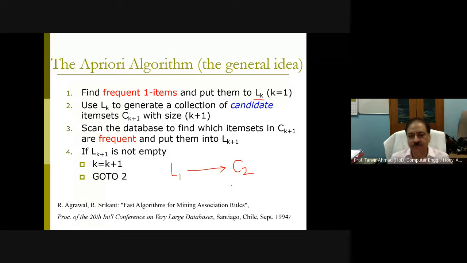Now, I'm using L1 to generate C2. Now again, I scan the database to find which item sets in C2 are frequent. And if they are frequent, I generate L2 from C2.